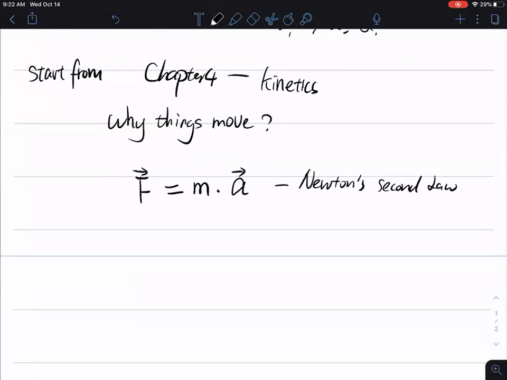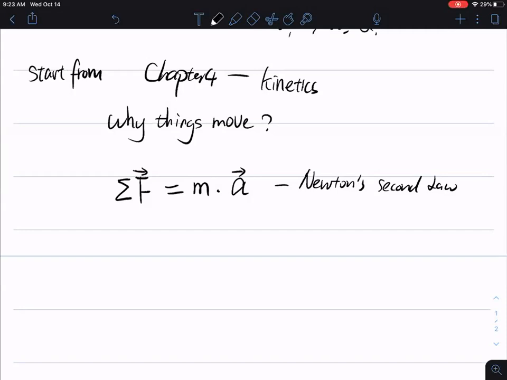Yes, Newton's second law builds a link between forces and accelerations. We learned how to solve accelerations from the first 3 chapters. Starting from this chapter, we can add force into our equation to build the link. But here's a more accurate equation for this. It should be the sum of all the forces equals mass times acceleration.